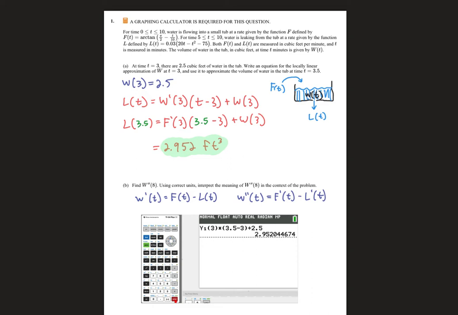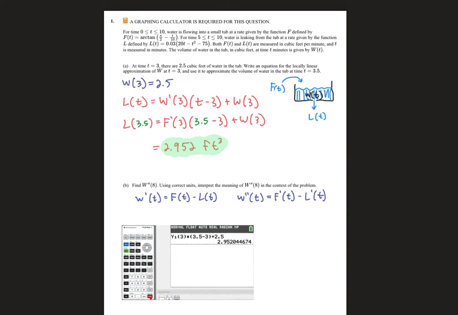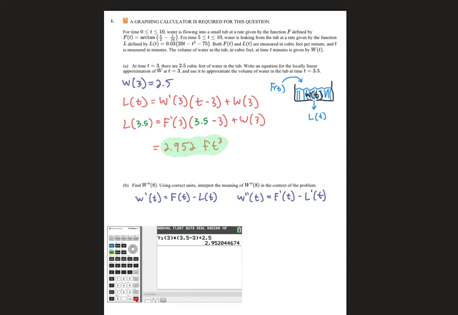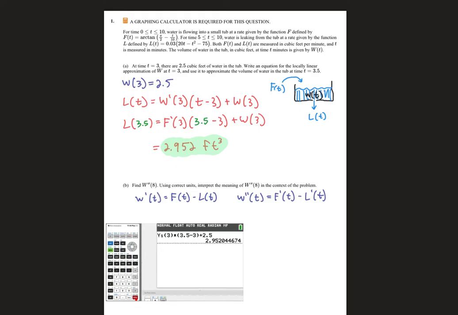Okay, and then if we want w double prime at 8, the second derivative of w at 8, that's really just the derivative of f at 8 minus the derivative of L at 8.